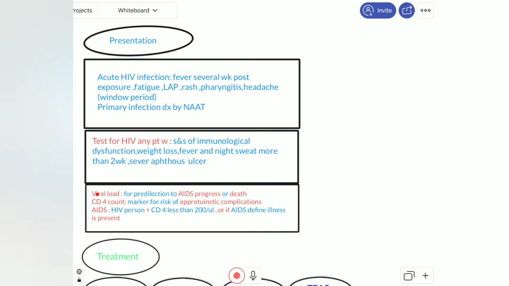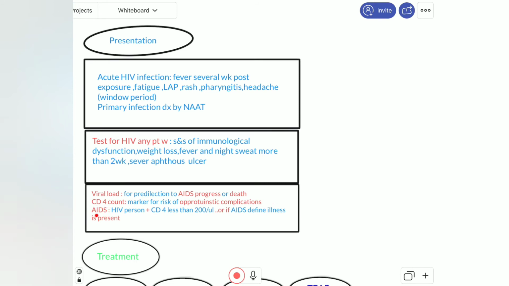What about viral load? Viral load is the best predictor of AIDS progression or death. CD4 count is also very important, as it is a marker for the risk of opportunistic complications.